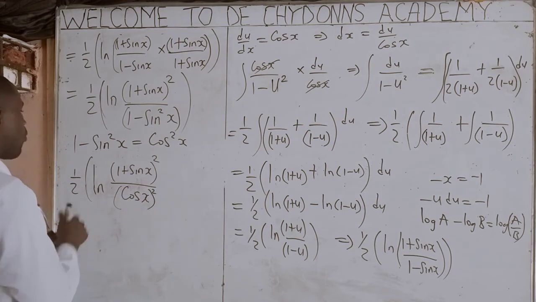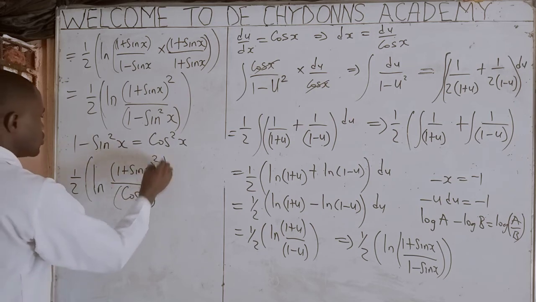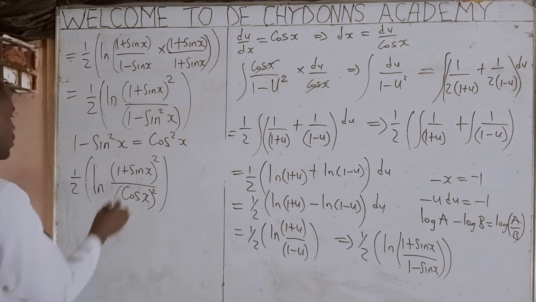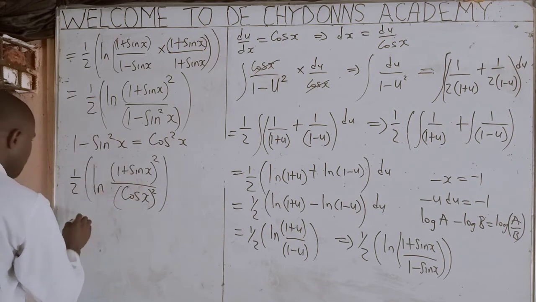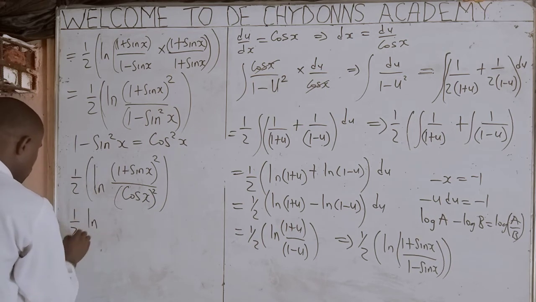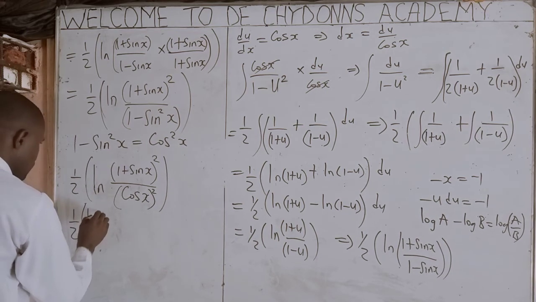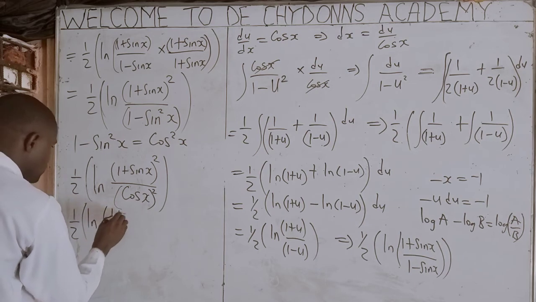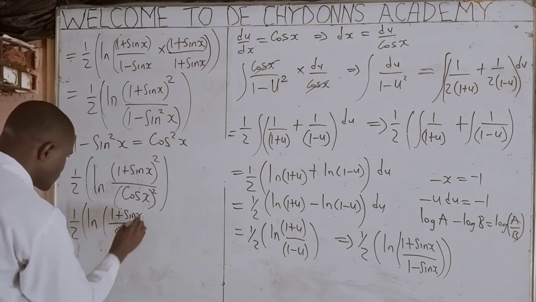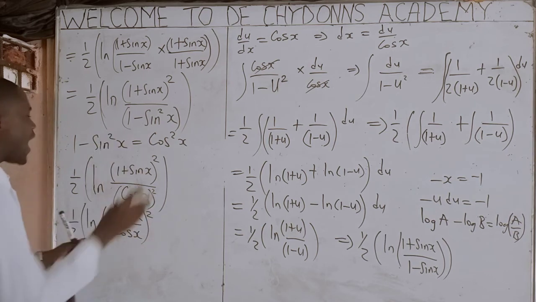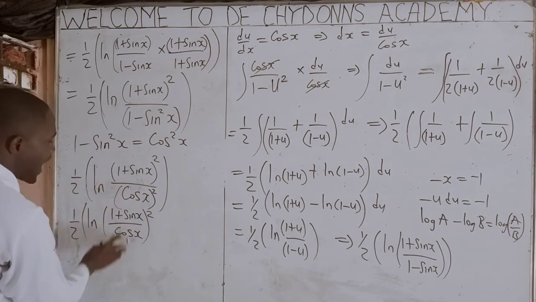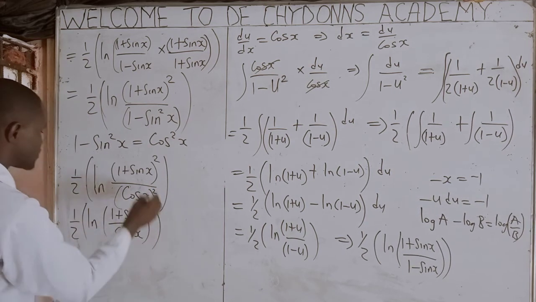So now you carry 1 over 2, take it to the power. Do you know that this simply means 1 over 2 ln 1 plus sine x all over cos x all squared? Why do we say so? This is raised to the power of 2, this is raised to the power of 2, so both are raised to the power of 2. That is what this means.